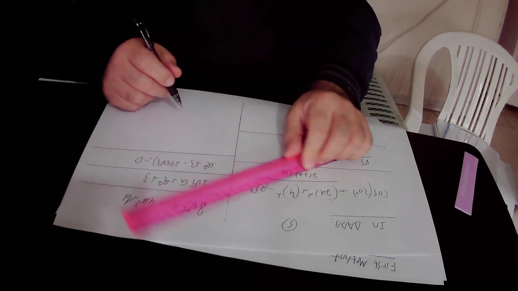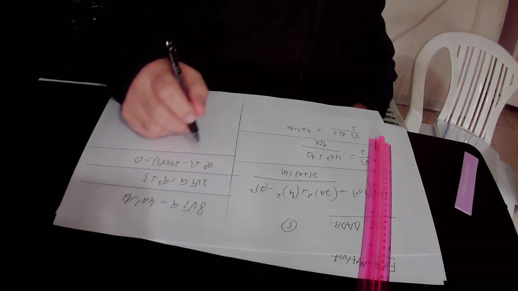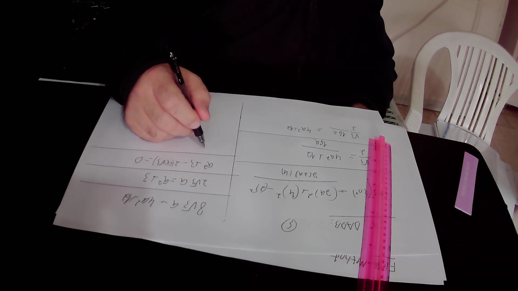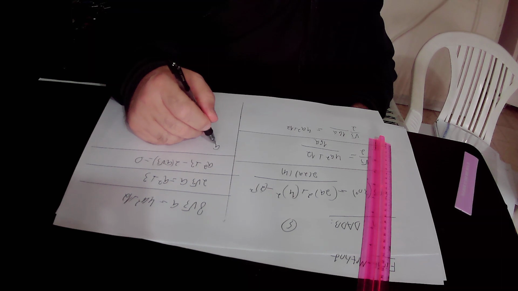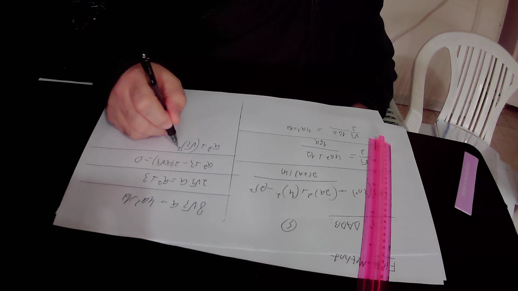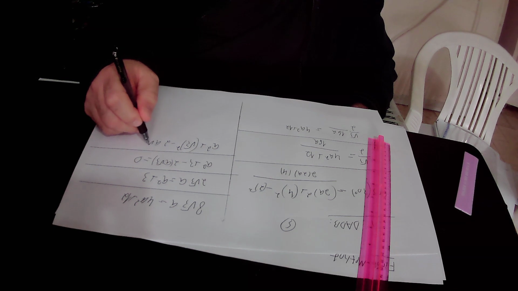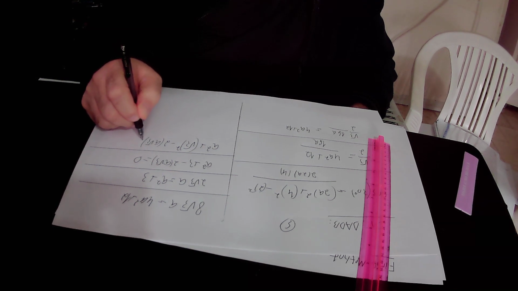We know that 3 is square root of 3 squared, so we'll substitute 3 by square root of 3 squared, and we'll get that A squared plus square root of 3 squared, that is 3, minus 2 times A times square root of 3 equals 0.